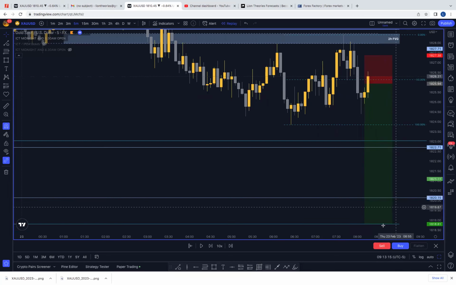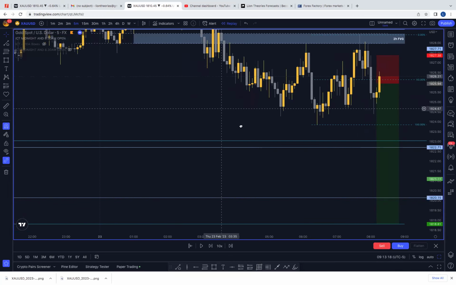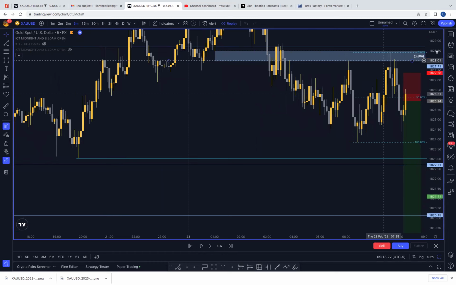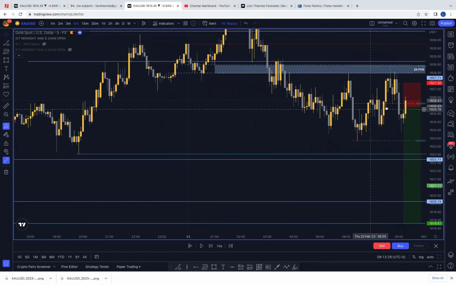And this is where they want to take it, okay? Because price has just been going down slowly, down slowly, down slowly, and just going back on itself for no reason, waiting for this news release. This is all just fugazi. It's nothing.